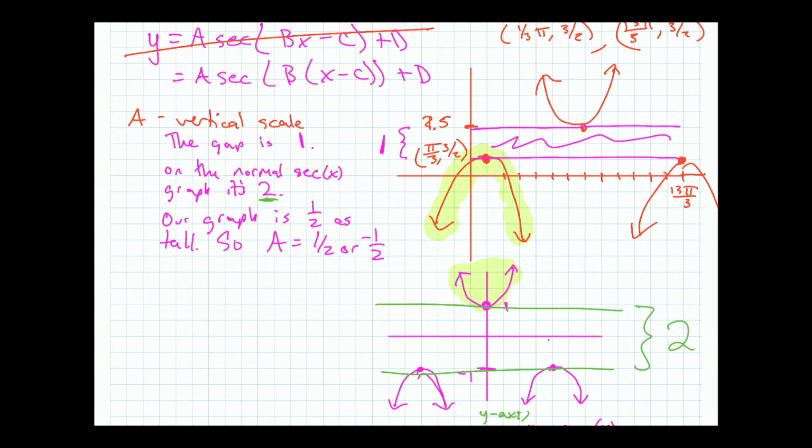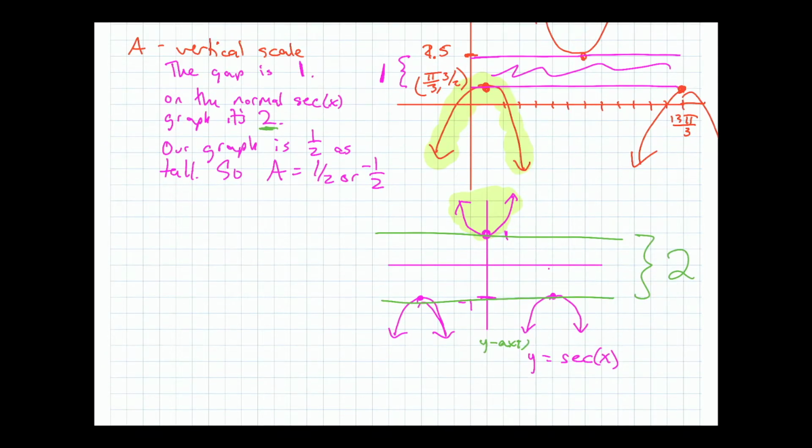So by comparing, you can see that our graph is upside down compared to the original. So since ours is upside down, we actually want A to be negative 1/2 instead of positive 1/2, because a negative out front flips it upside down.